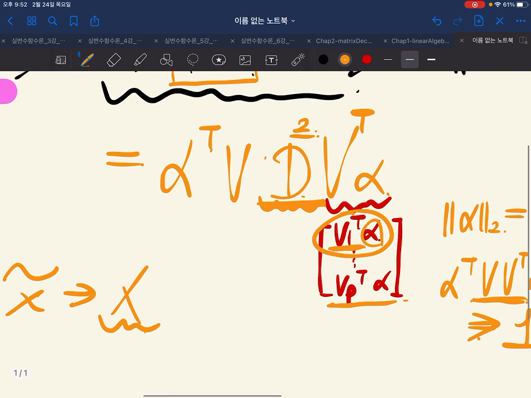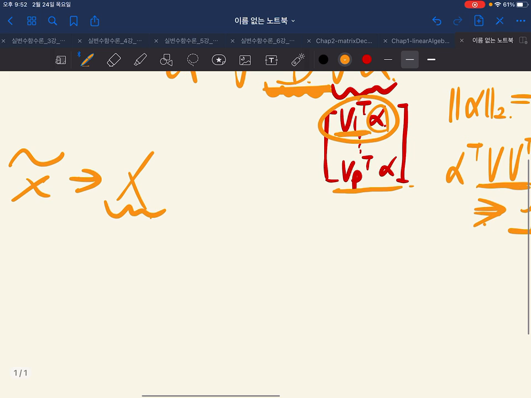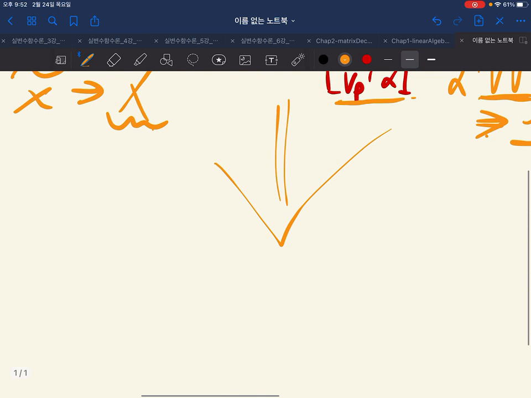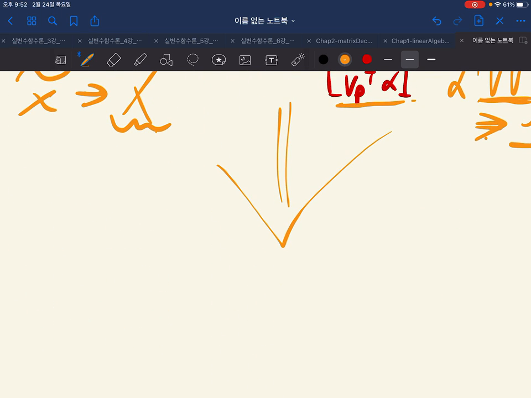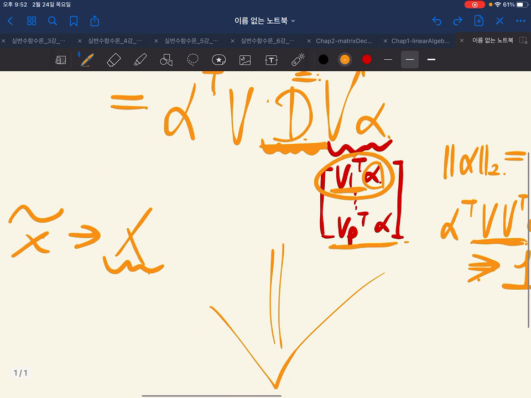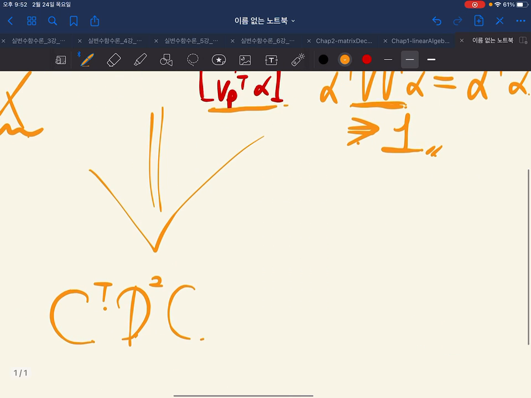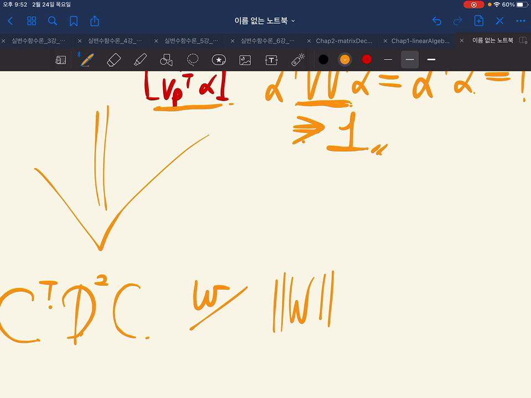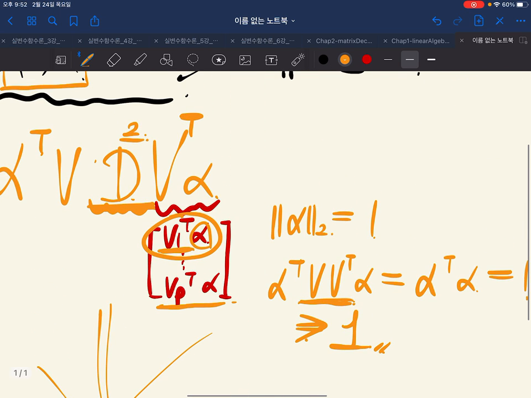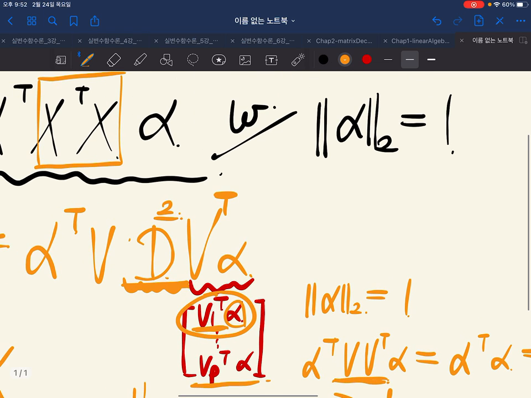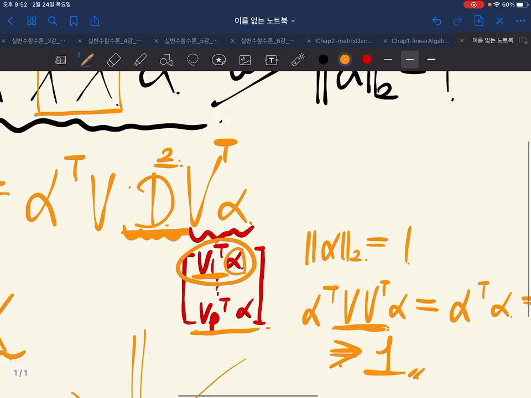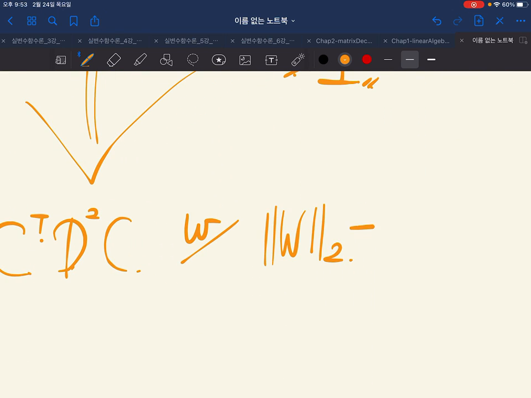So let's write this form this way. We're trying to maximize C transpose D squared C with the constraint that the L2 norm of the C vector is, I'm sorry, it's not W, it's 1.